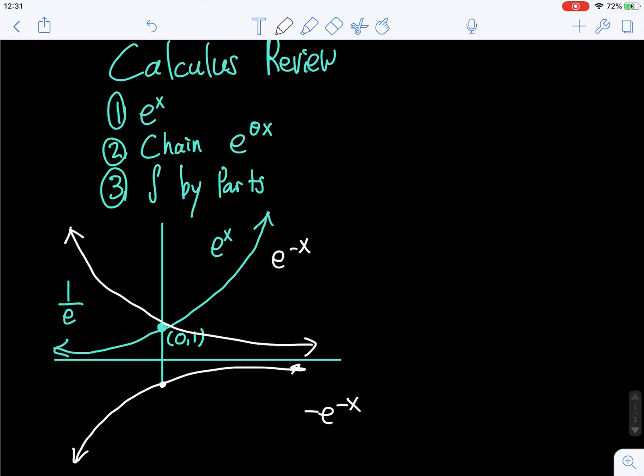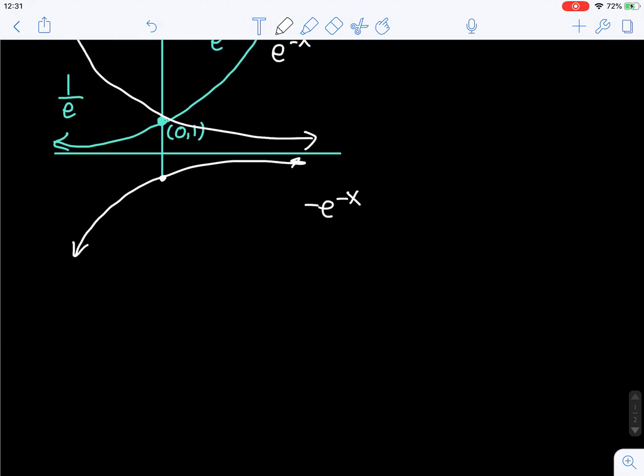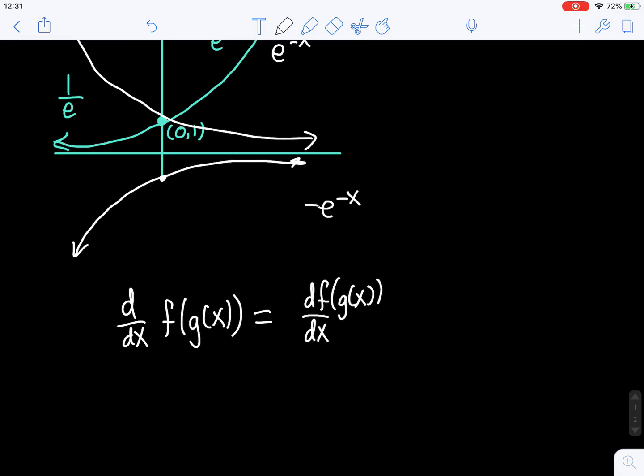Okay, and then let's review chain rule number 2. So the chain rule is when we differentiate a function f of g of x with respect to x, then the answer is the derivative of f, and then inside f we have g of x multiplied by the derivative of g with respect to x.